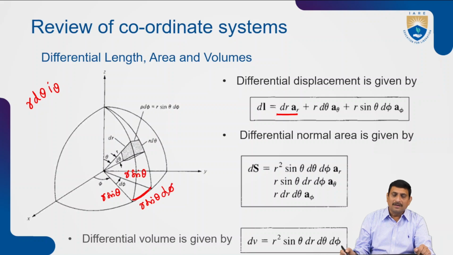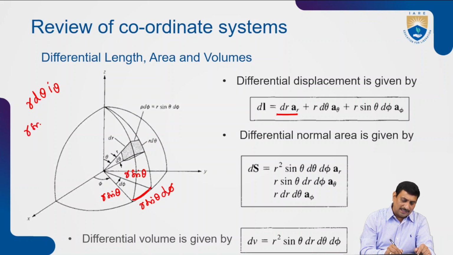So if the angle phi is increased by d phi in the phi direction, the total incremental length is given by r sin theta d phi a_phi.